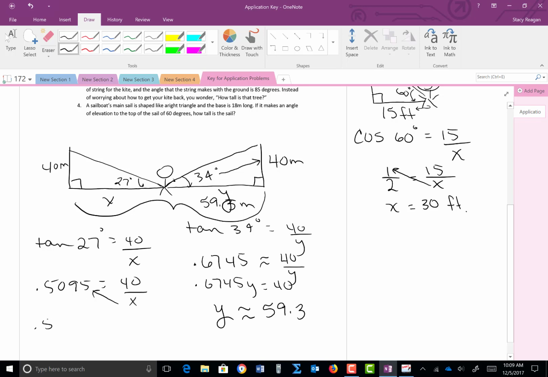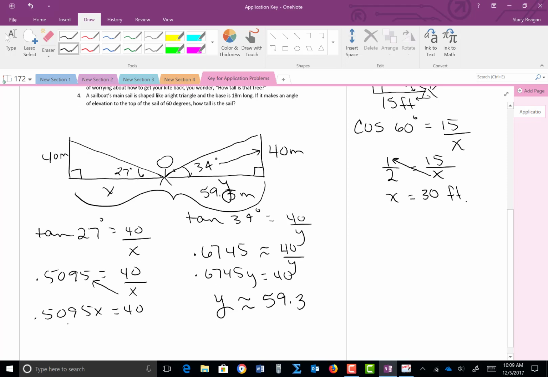Multiply and I get 0.5095x. Divide both sides by 0.5095, and I get x is approximately 40 divided by 0.5095, which comes out to roughly 78.5 meters. So this one is 78.5 meters.